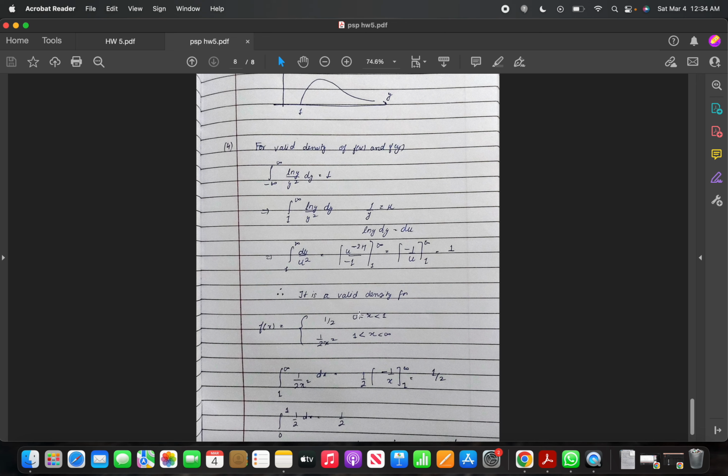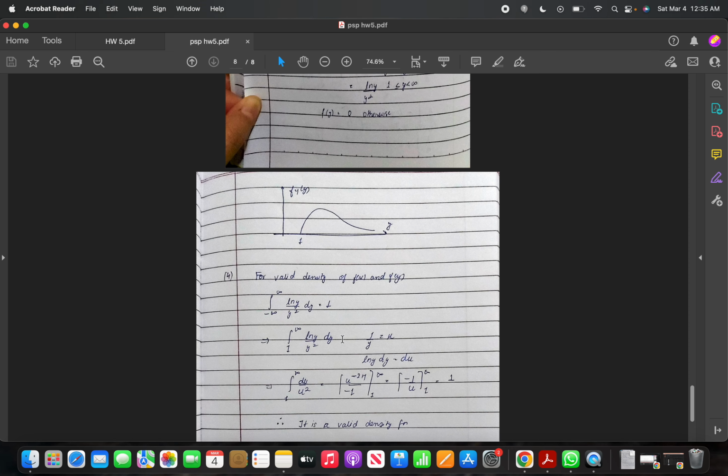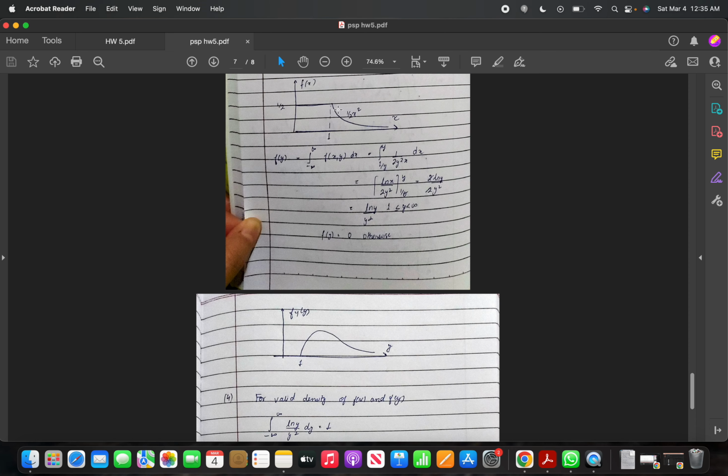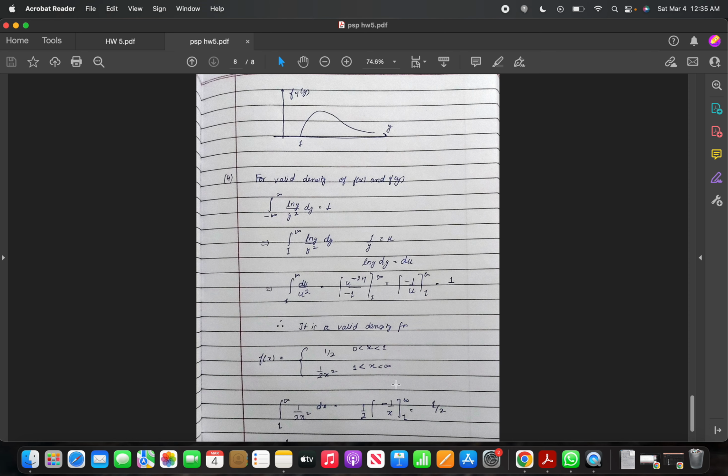Now similarly for f of x, we need to prove the same. We know that f of x equals half for x between 0 to 1, and 1 by 2x square when x is greater than 1.